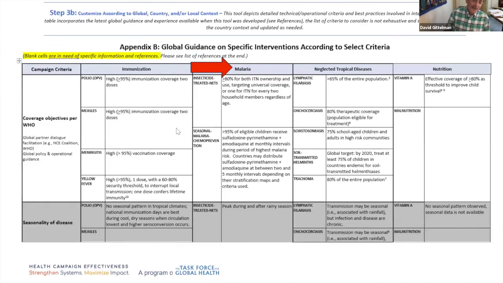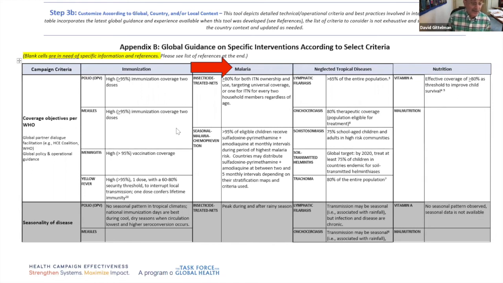And then the next one is a very long appendix. This is actually taking a look at the very specific criteria, and we're setting out over here what we understand to be some of the latest global guidance from various sources on what is the guidance on these various considerations.